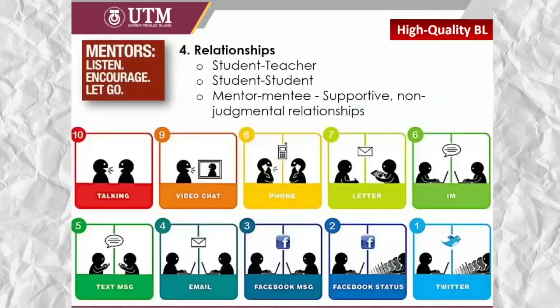And finally, the fourth element is relationships. You need to offer them support and build professional relationships with students. Relationships between teacher and students, senior students and juniors, expert and the students, for example. So you need to provide a platform for this to happen.